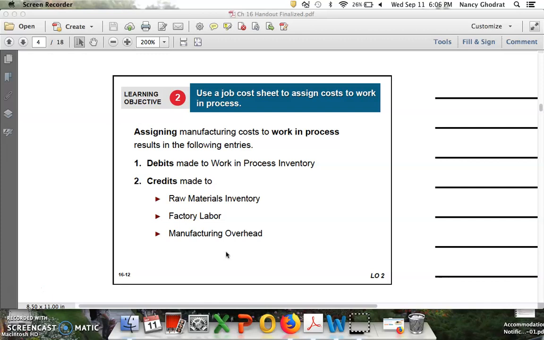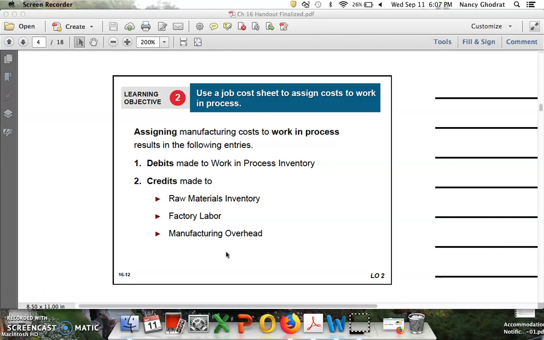Because raw material has changed its shape, and with the help of factory labor and overhead, now it's becoming something that is not a finished product, but it's not raw material. Think about it as a factory producing bicycles. When we have raw material, it's considered to be the tires and the handles. Work in process could be assembling the tires and handles, but missing the seat for the bicycle.